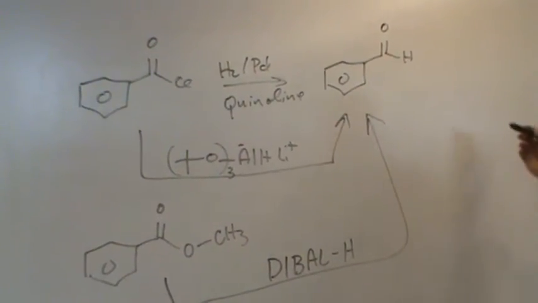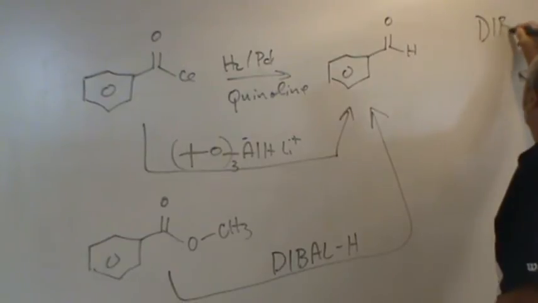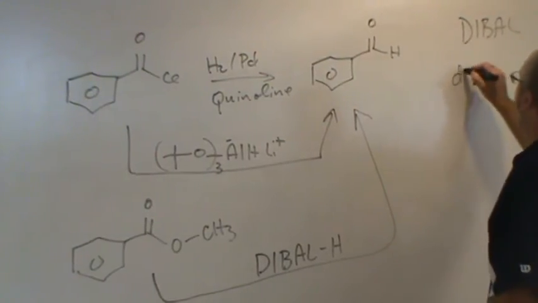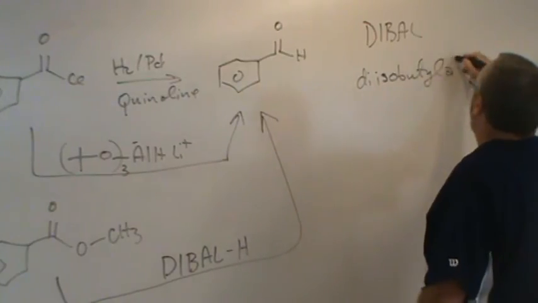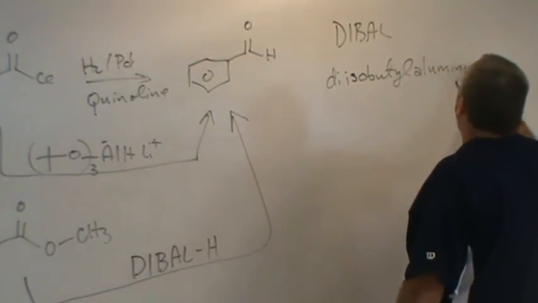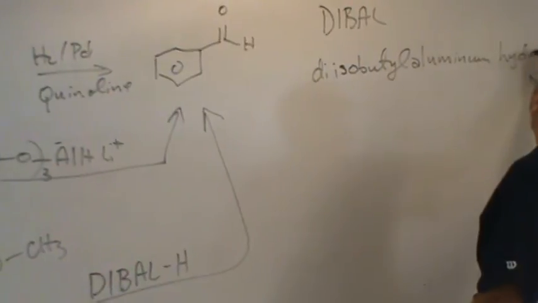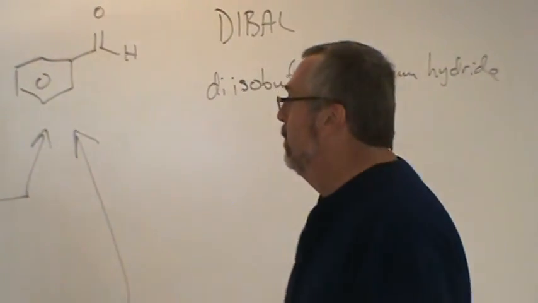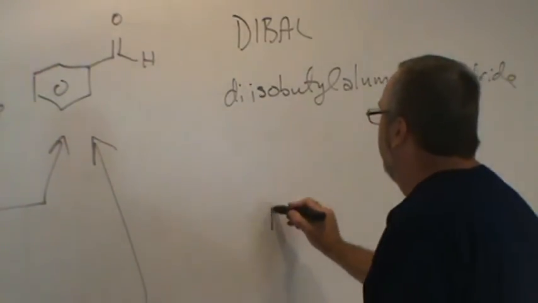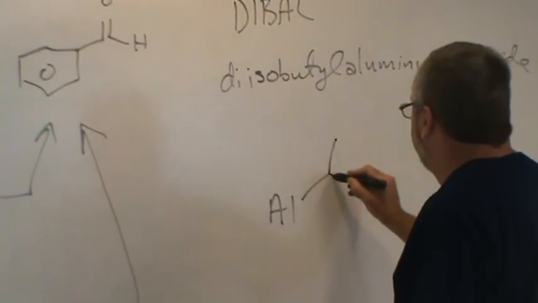What's DIBAL? DIBAL is diisobutyl aluminum hydride. So it is an aluminum hydride, just like this tri-t-butoxy aluminum hydride, but it's a different one. It looks like this.